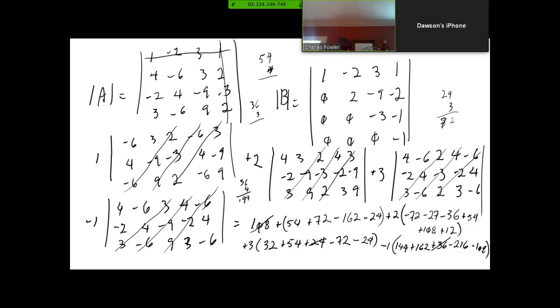54 plus 72 minus 162 minus 24 plus, I sure hope this does rules of order of operation correctly, plus 2 times a negative 72 minus, no, it didn't do it right.